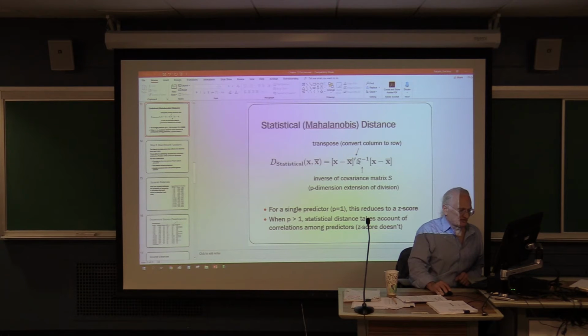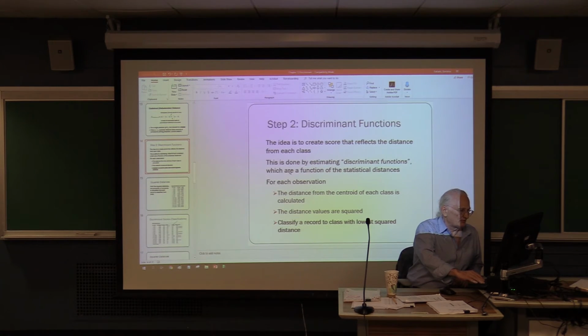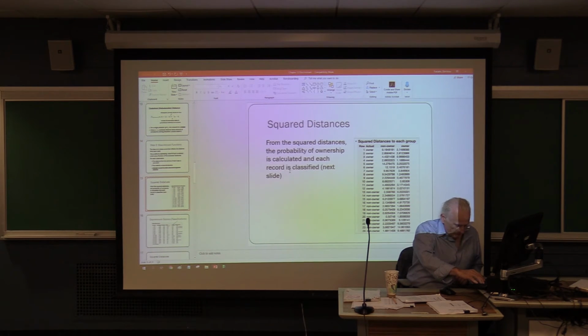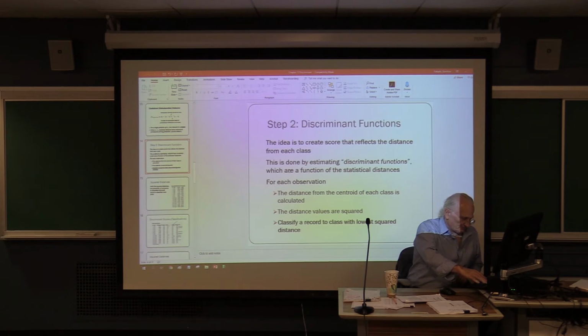This formula here, this is the transpose. You take these differences. This is using matrix notation. That's why it's in bold. This item in the middle is the inverse of the covariance matrix, and the statistical distance that it refers to here is what's called the Mahalanobis distance. I want to show you next time, well, I don't think we have the time today, an example of the Mahalanobis distance.